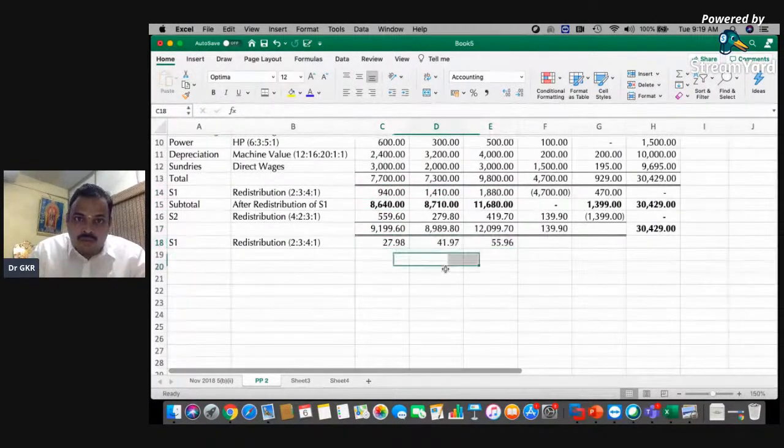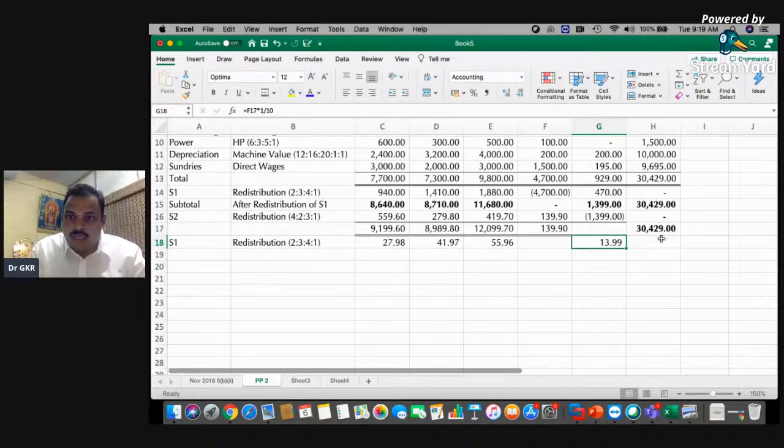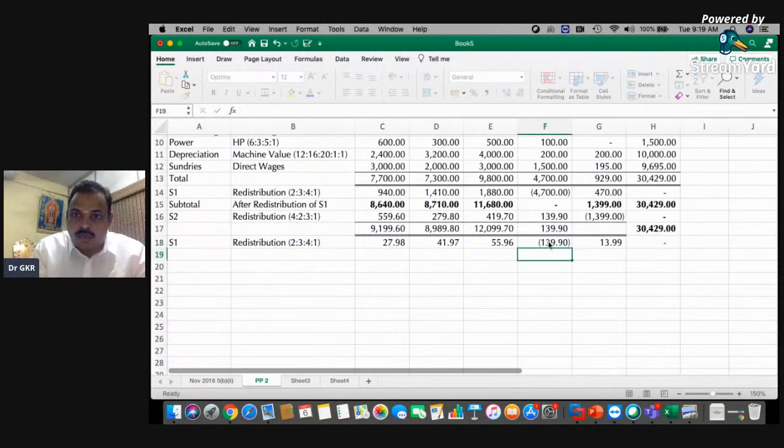So 27.98, 41.9, and similarly, it is 13.99. So what is your total? You have to actually minus this. So 139.9. So that has been distributed.